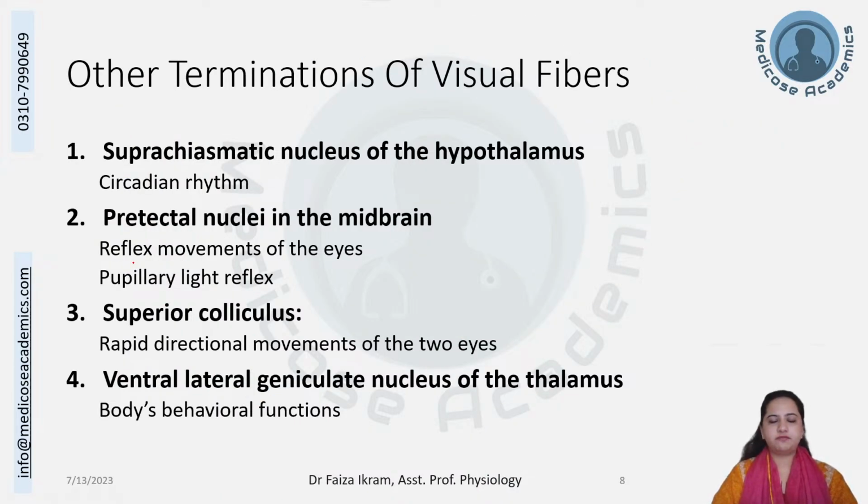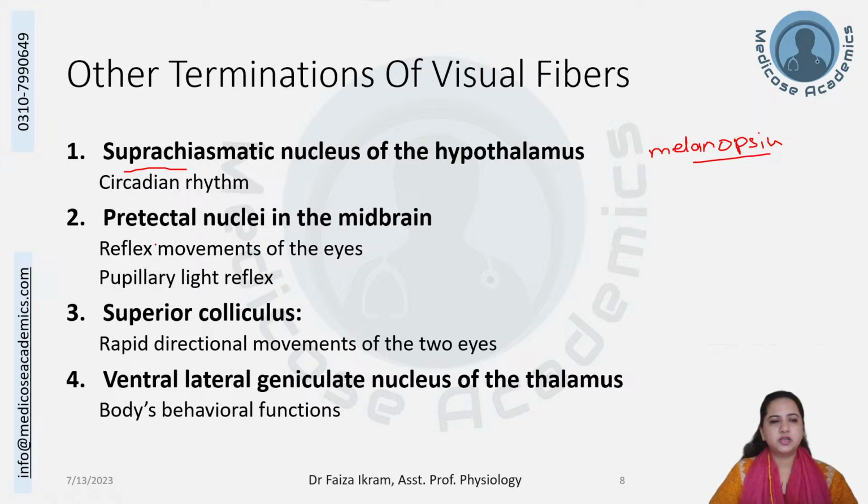Not only the visual fibers originating from the retina go to the visual cortex, but they have some other accessory functions too. Some of the fibers from the ganglion cells having melanopsin, instead of scotopsin and photopsin, leave the visual tract and enter the suprachiasmatic nucleus of the hypothalamus to control the circadian rhythm.